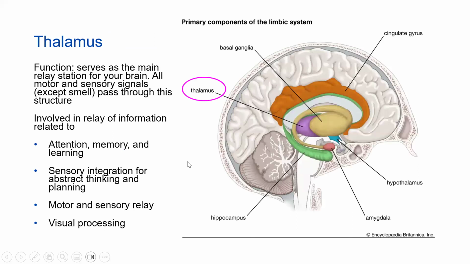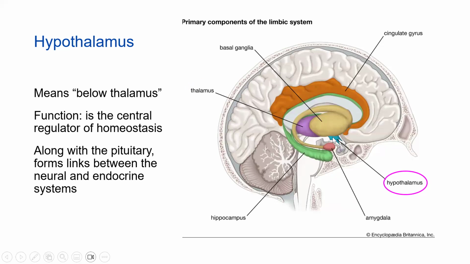Now moving on to the thalamus. The thalamus serves as the main relay station for your brain, and all motor and sensory signals pass through the structure with the exception of smell. And here are some examples, but really keep in mind that the thalamus is the main relay station for your brain for motor and sensory signals.